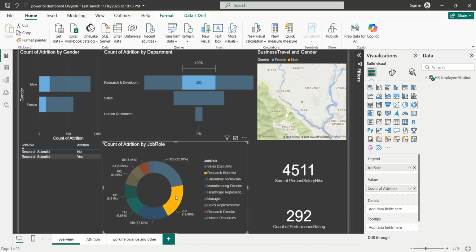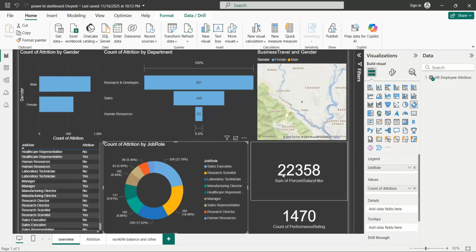As we can see, the dashboard changes as I click on this. We can also see the sum of percent salary hike and the count of performance rating along with it. The manufacturing directors, managers, and HR have lower attrition. This tells us that roles with target pressure or technical workload face more employee turnover.